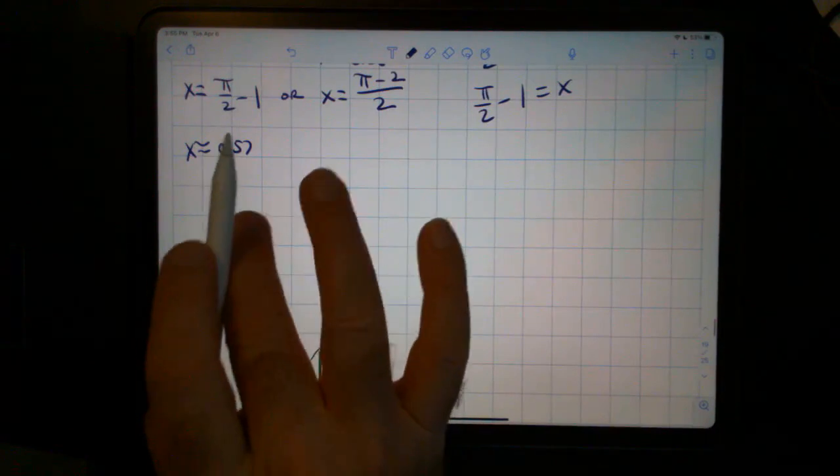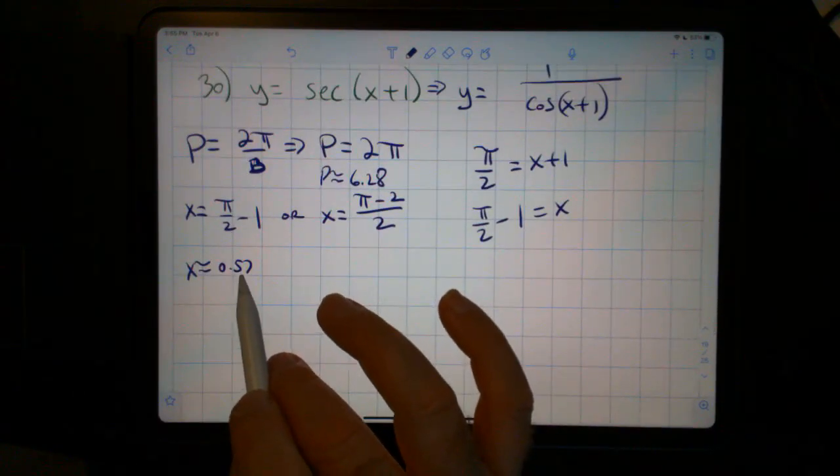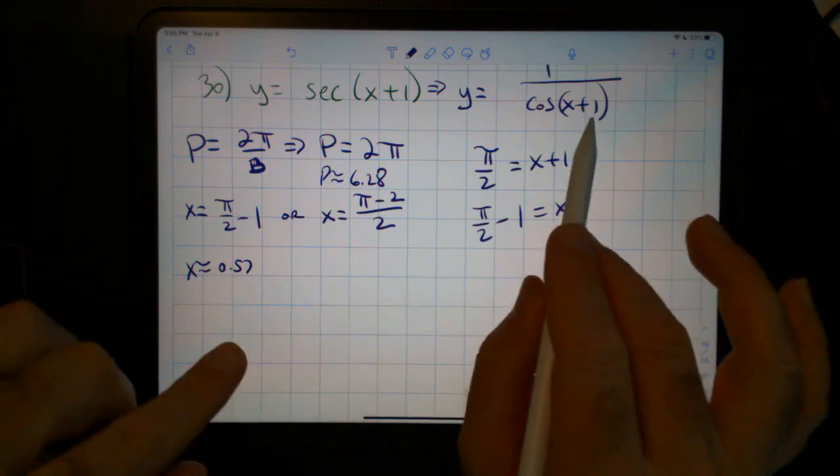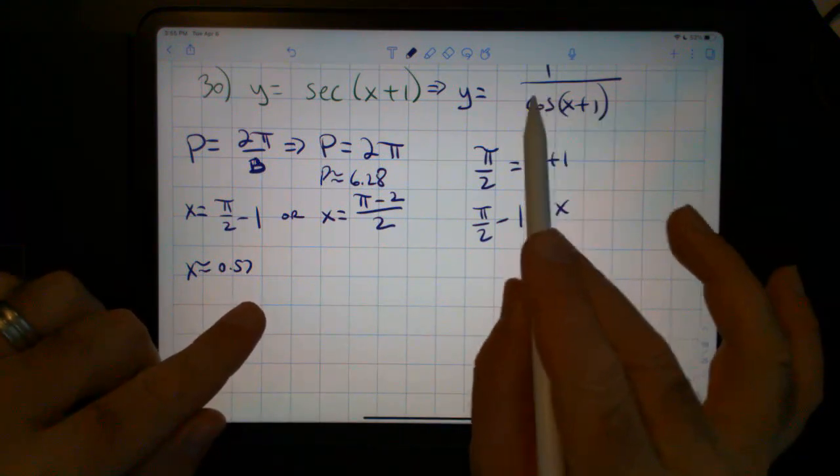And then when x is about 0.57, we're going to have our asymptotes, because 0.57 plus 1 is about pi over 2. Cosine pi over 2 is 0.